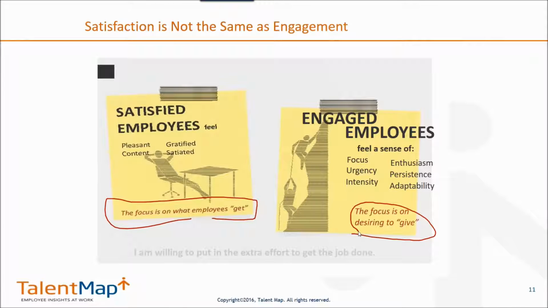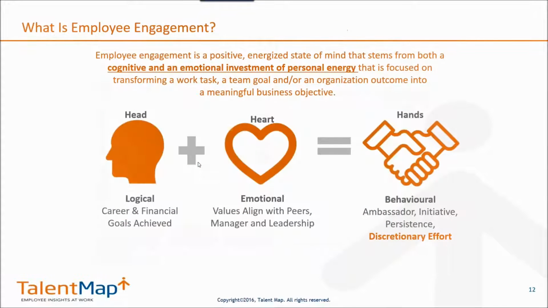That's the biggest difference in how you ask those questions. By asking the right questions in the right way, you can determine the level of employee focus, urgency, enthusiasm, and adaptability, and understand what employees are willing to give back to your organization. You can't get that from a job satisfaction survey. So they are different.